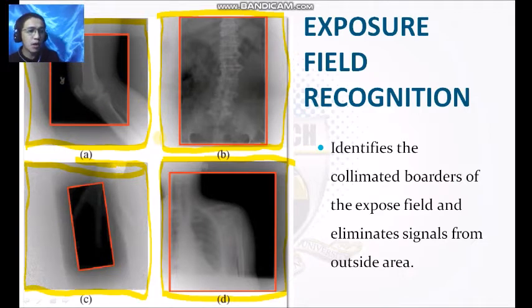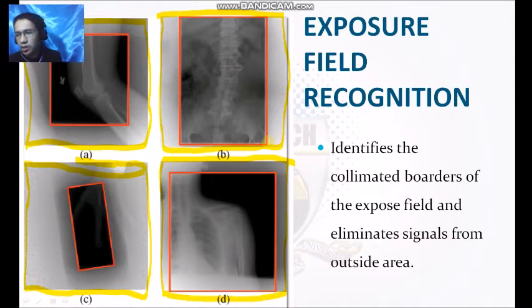But they are very small structures. So the processor will scan all of the imaging plate, the whole of the imaging plate. But then it is very sensitive to the part that is collimated.